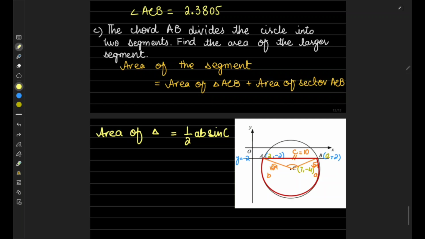Or you can use half base times height, and your base is 10, and your height, I just told you, from -2 to -4, because this center is at -4, so height is 2. You can use that to get your area to be 10. In both ways, you will get the area of the triangle to be 10.